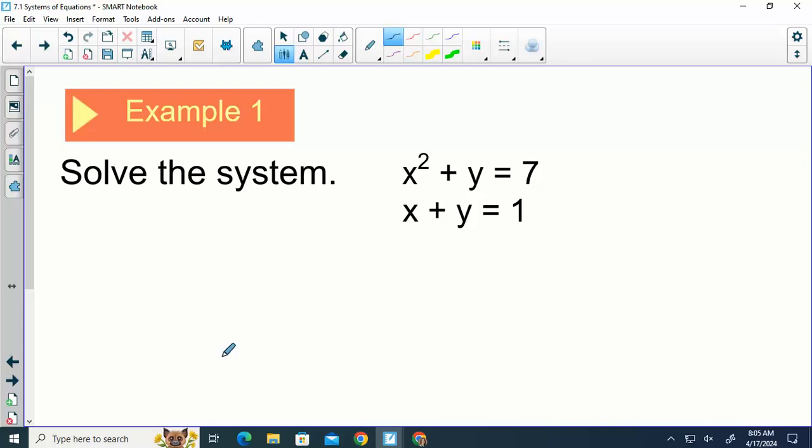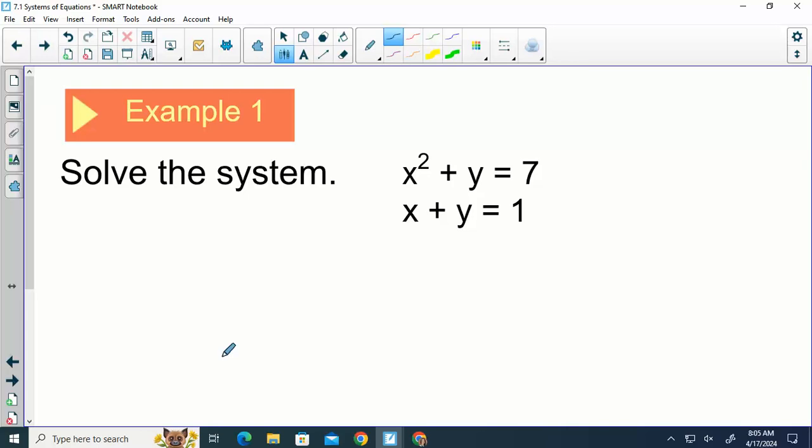Now we just have to solve it. We're going to use our same options, substitution and elimination. So you pick what you want. What do you guys think? Elimination. So we essentially have 3 things here. We have an x, we have a y, and we have an x squared. We need to eliminate the one that's different.